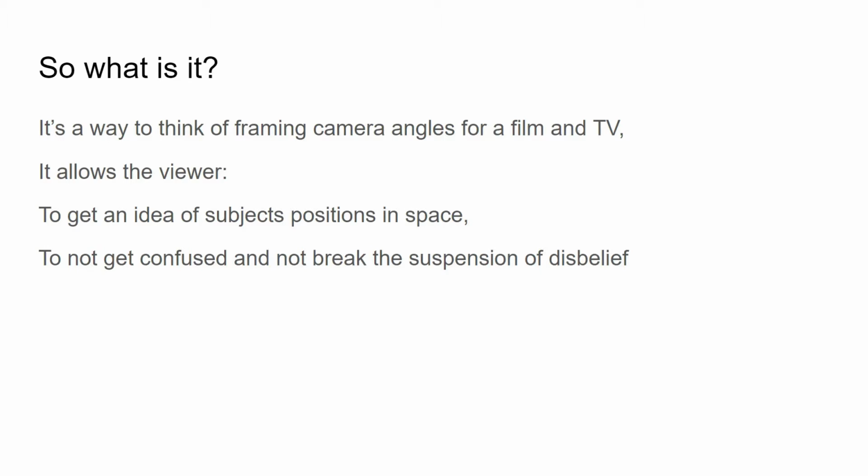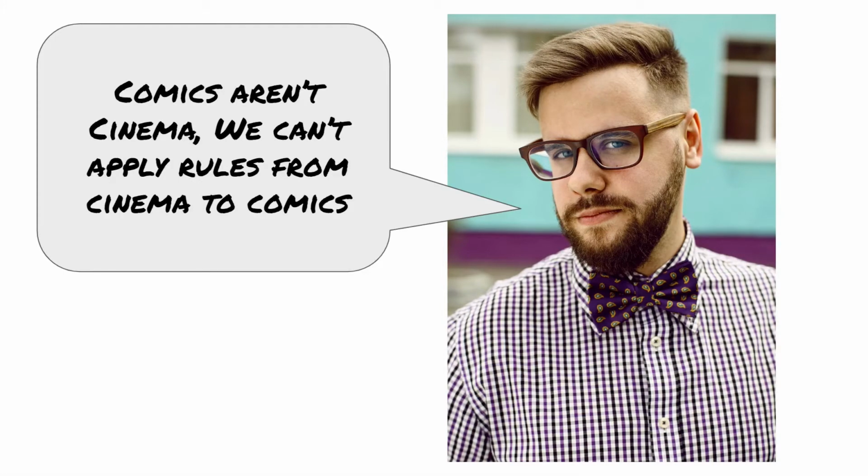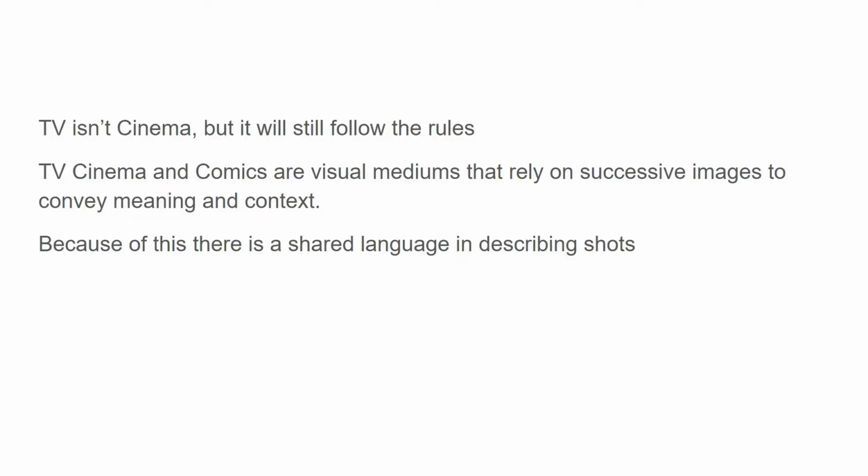But I hear a lot of comics pros or comic creators say, oh, but comics aren't cinema. We can't apply rules from cinema to comics. I disagree, and here's why. TV isn't cinema, but it will still follow the rules. And TV, cinema, and comics are visual mediums, and they rely on successive images to convey meaning and context.